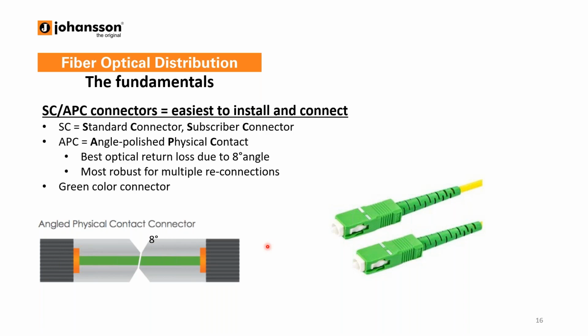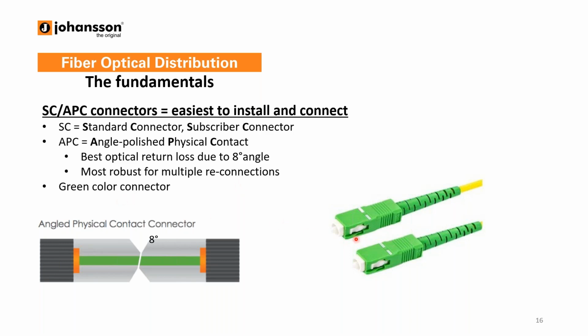And the main advantage there is that you have good or no return loss. The best optical return loss, basically any light that would reflect, is reflected under an angle, so it's not reflected in the upcoming or incoming light beam. So that's the main advantage of an angled connector. But also it's much more robust for multiple reconnections, which can also be important.